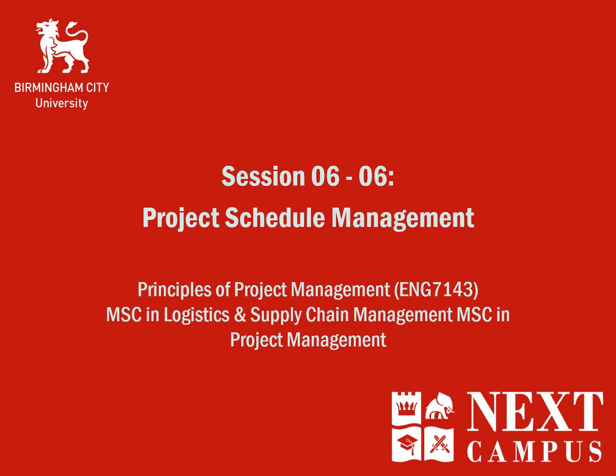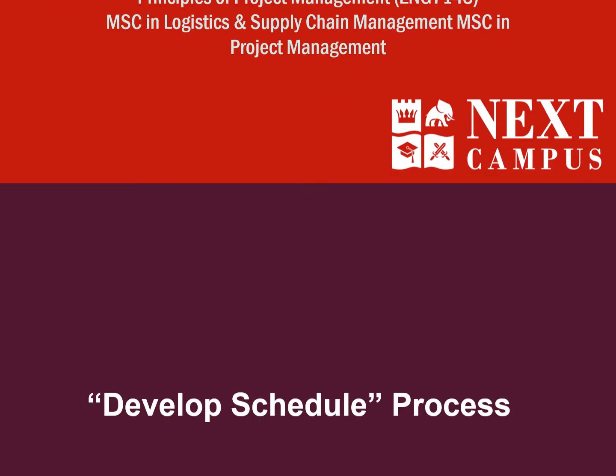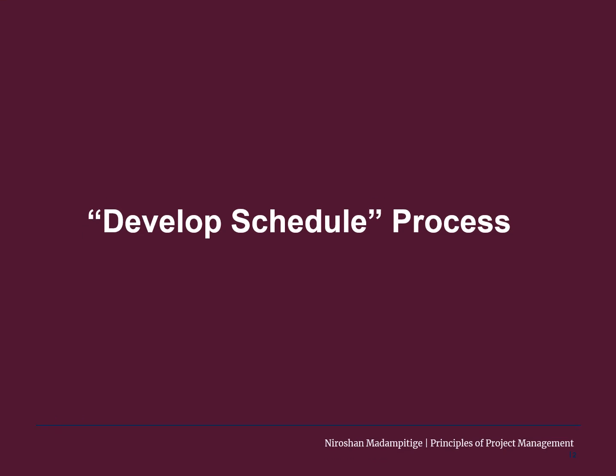Project schedule management, develop project schedule process. Develop schedule process is a process of analyzing activity sequences, durations, resource requirements, and schedule constraints to create a schedule model for project execution and monitoring and controlling.